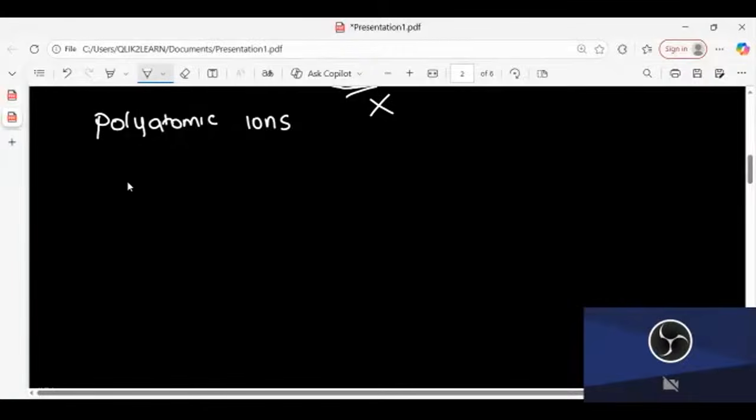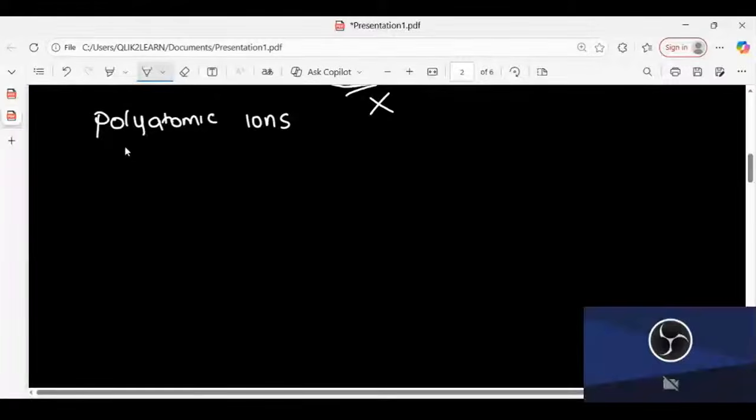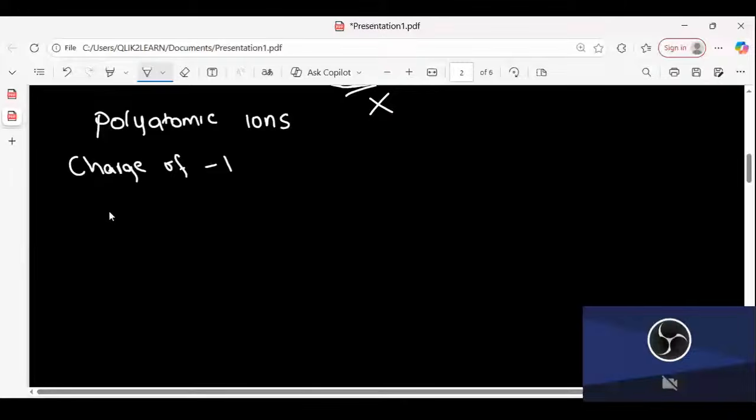I'm going to start with the ones that have the charge of -1. So I'm going to give you the name of the ion, nitrate. The formula for nitrate is NO3 minus. When I say nitrate, you need to write NO3 minus.